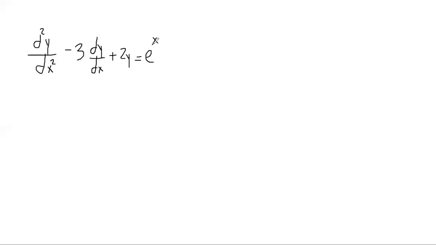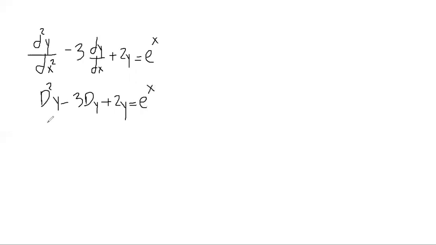So for this question, I only want to focus on how to find its particular integral, which is yp, right? So we know that, putting it in d operator form, this is d squared y minus 3 dy plus 2y, and this is going to be equal to e to the x.